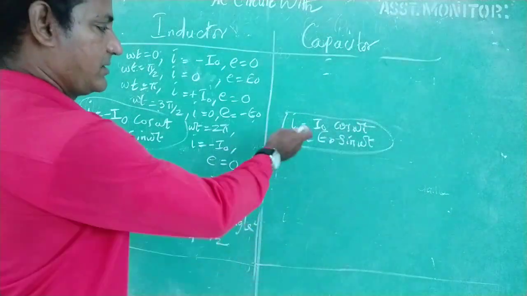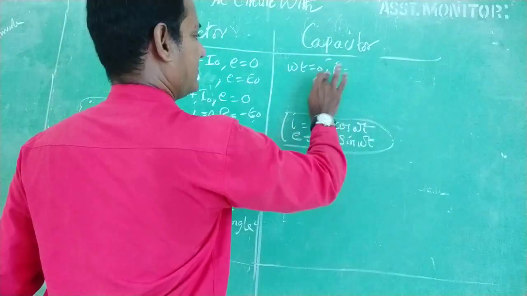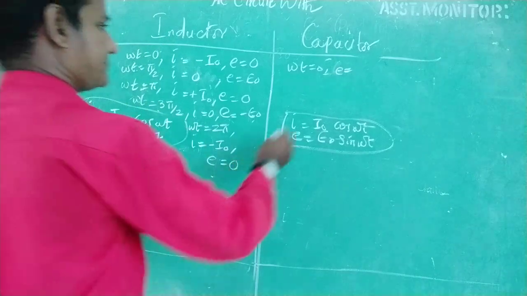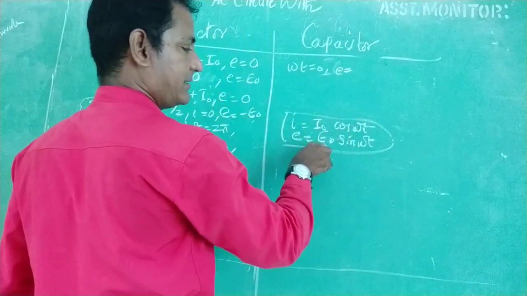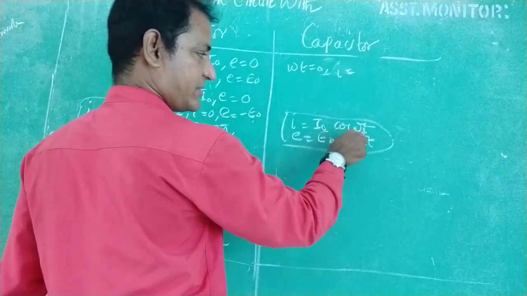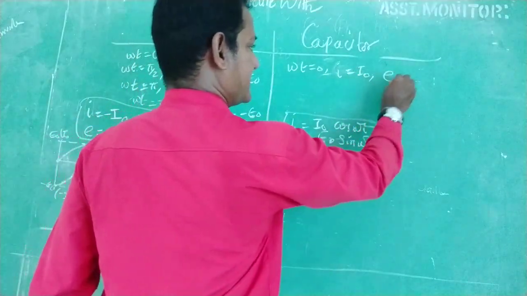Now here also, when omega t is equal to 0, I is equal to, so cos 0 is 1, so it is plus I naught. E is equal to 0.